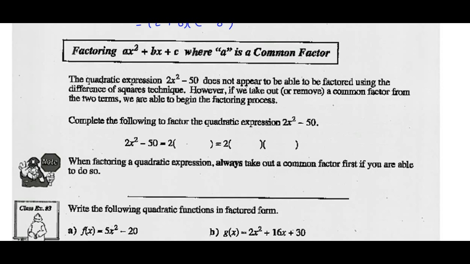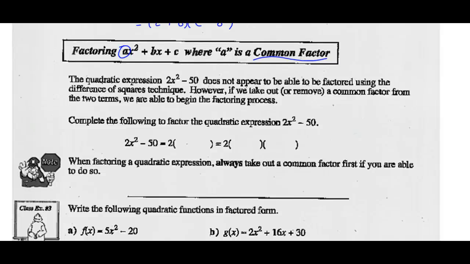Next type of factoring, I'm going to look at common factoring, where there's a common factor, so probably the coefficient of the x squared term is going to be a common factor. So the quadratic expression 2x squared minus 50 does not appear to be factorable using the difference of squares technique because 2 and 50 are not perfect squares.